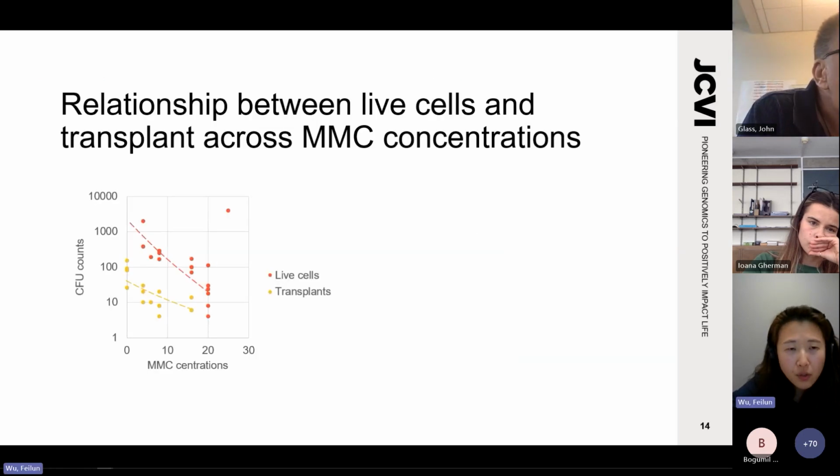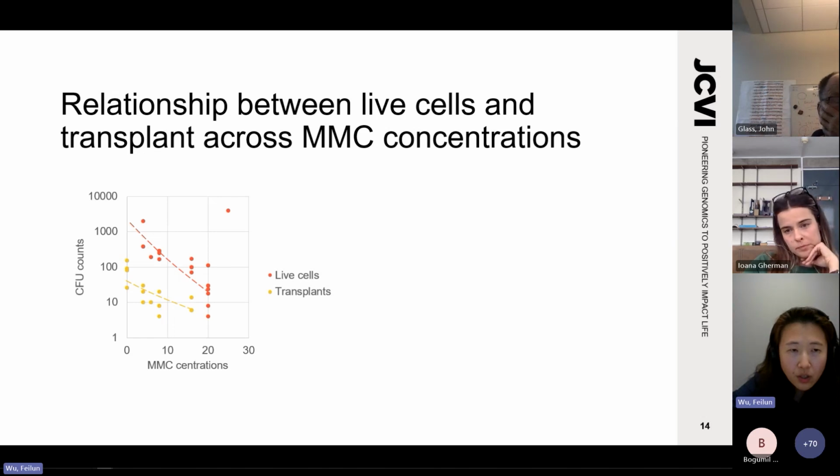However, here's some silver lining. If we plot the number of live cells and the number of transplants across different mitomycin C concentrations, we can see that although both of them are decreasing with increasing concentration of mitomycin C, the rate of decrease for transplants is much lower than the rate for live cells.